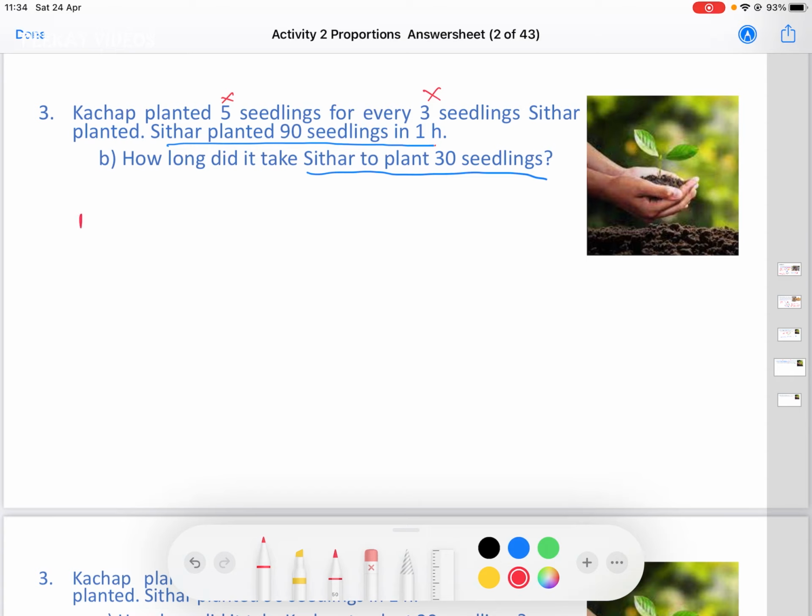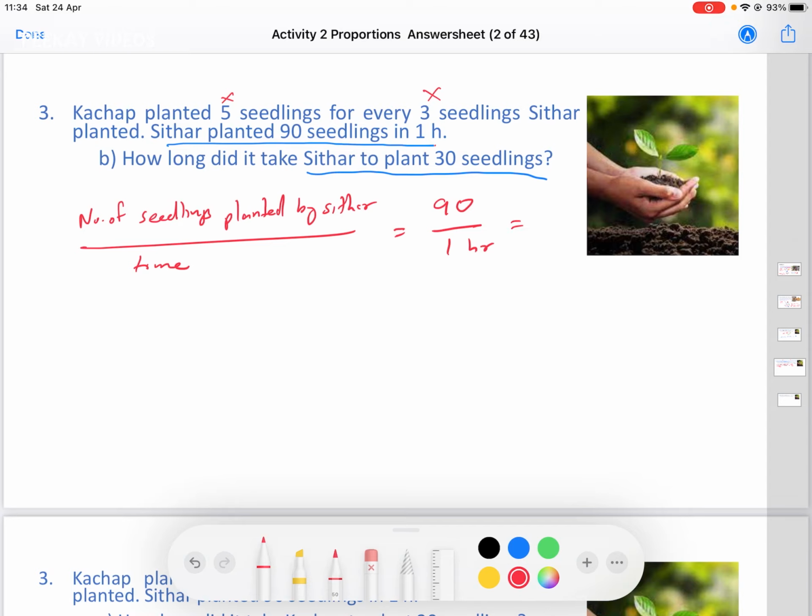Here, the ratio is between number of seedlings planted by Sithar to time. So Sithar planted 90 seedlings in 1 hour. We want to find for 30 seedlings how many hours.